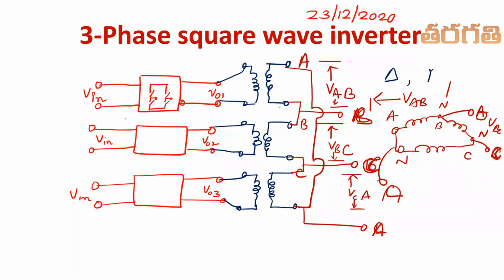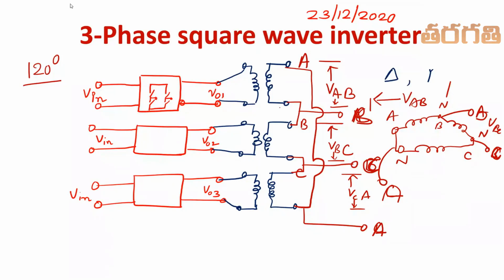So the first advantage is it is possible for us to produce output voltages that are displaced with respect to each other by 120 degrees electrically. The second one is it is possible for us to connect the secondaries of the transformers in any fashion that we like to connect.